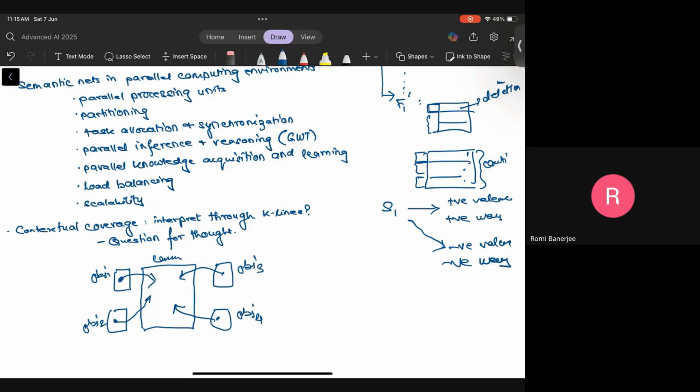Okay, so in a parallel processing network, this kind of global workspace theory is a very active area of work. How are we actually going to deal with this? Because there are many challenges, as you can understand. The number of activations of different objects, because you cannot have all objects activated at the same time.